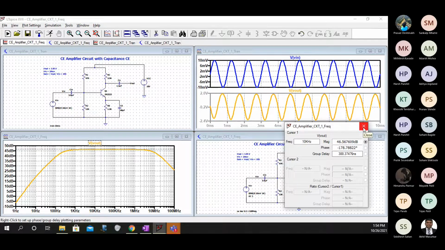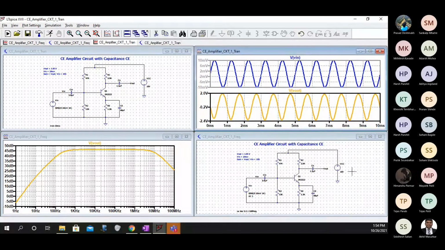As an engineer we should be able to find out the range of frequencies over which my gain is constant. And the range of frequencies over which my gain is constant is called the bandwidth of the amplifier.